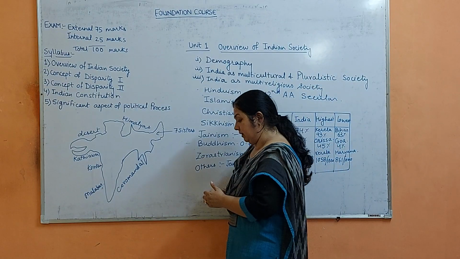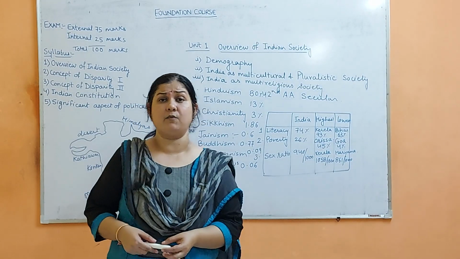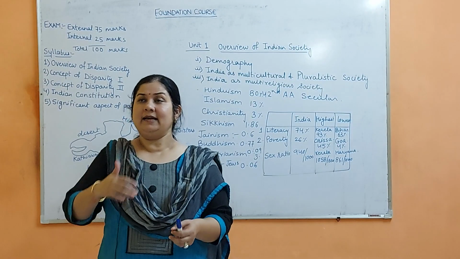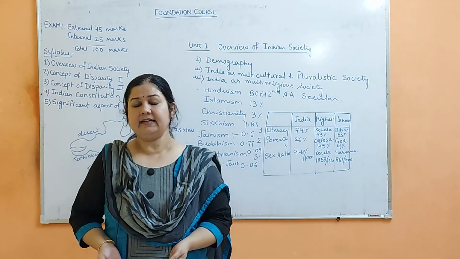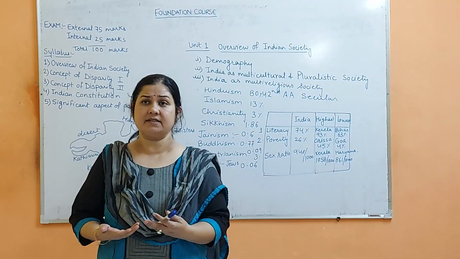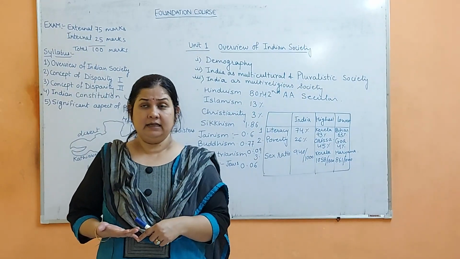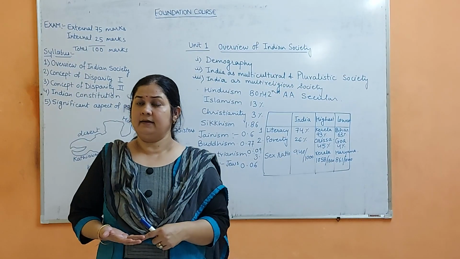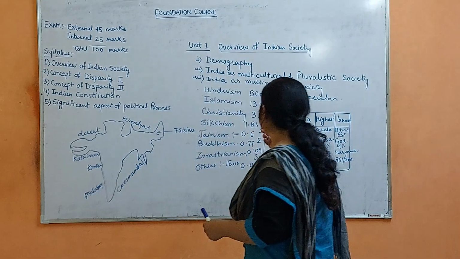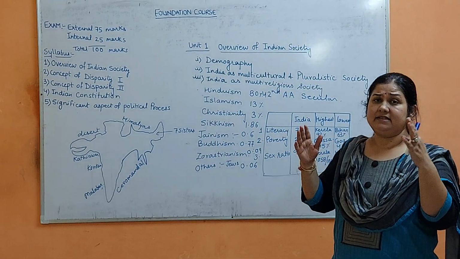Now coming to Hinduism. Hinduism as such has no founder, no prophet, and no origin, but it has got its scriptures. It has got its holy books like Gita, Bhagavad Gita, Ramayana and all those. So Hinduism believes in many deities.